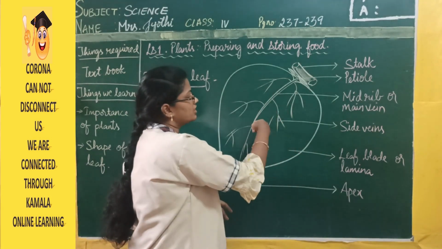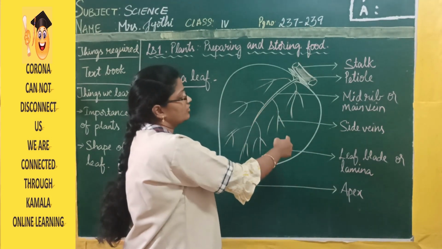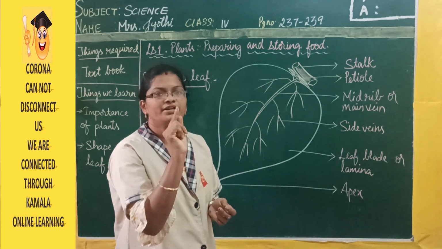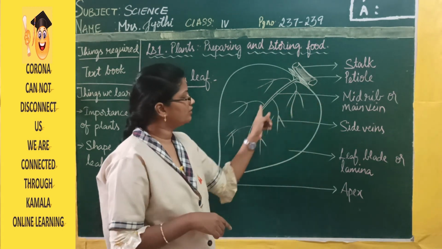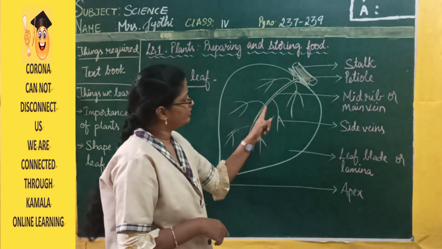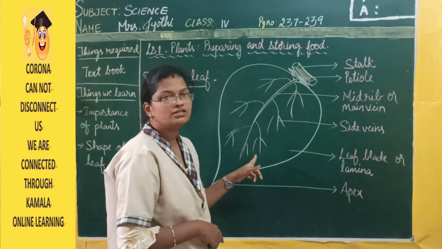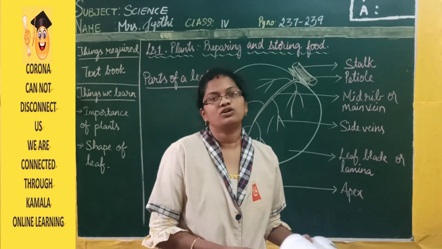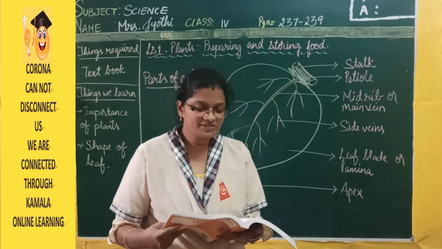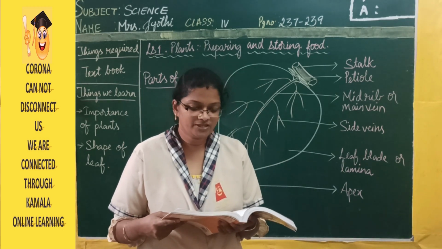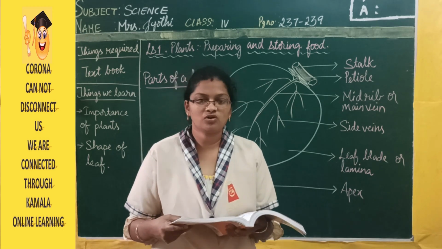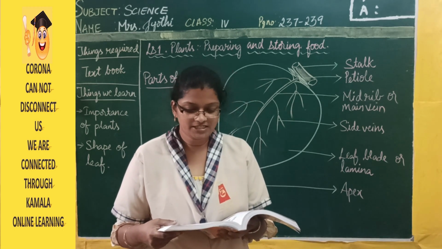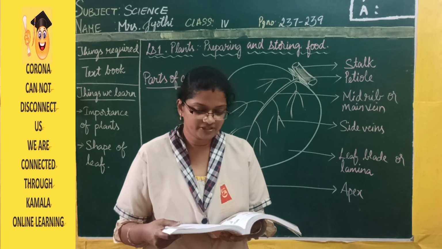The lines which come from the main vein are called side veins. Midrib will be only one, the big line which you can see, whereas side veins are so many, isn't it? Then getting deeper into the parts of a leaf, observe the leaf of a peepal tree or a banyan tree closely.